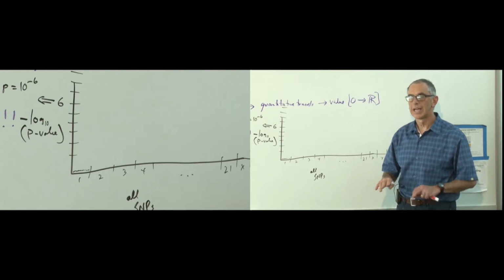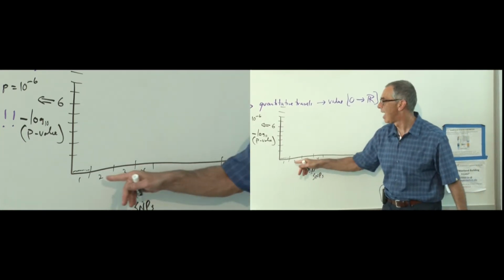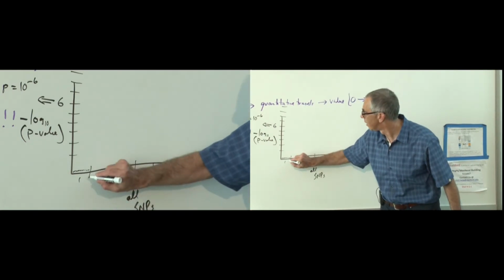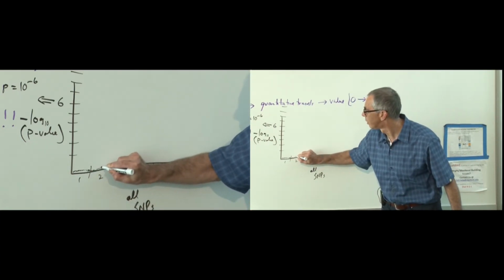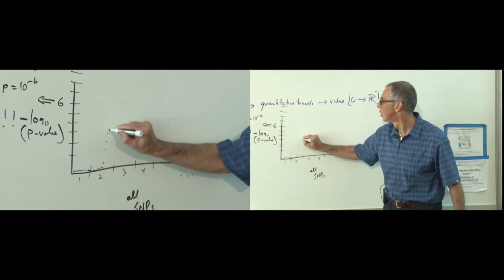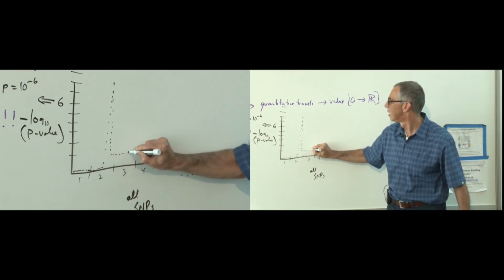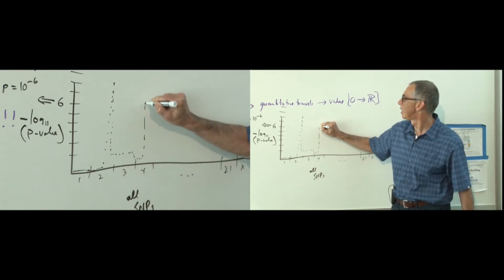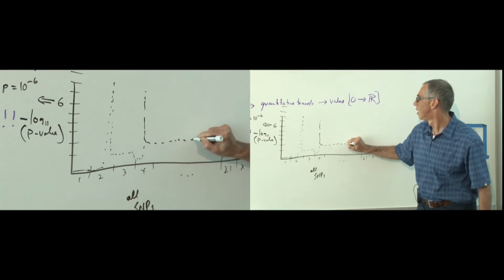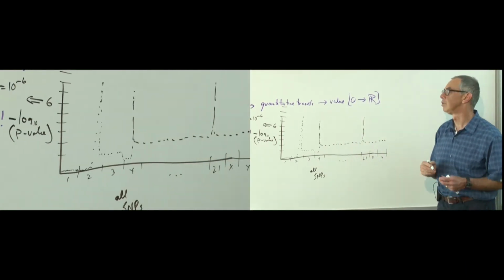Most SNPs cannot reject the null hypothesis, and have a very low score. And that's one of the ones that I'm drawing here. But every now and then you will get a SNP or two that have a high score. And so it'll be a spike. And then it'll go back down, and then there'll be another spike, and maybe one more spike throughout the whole genome.